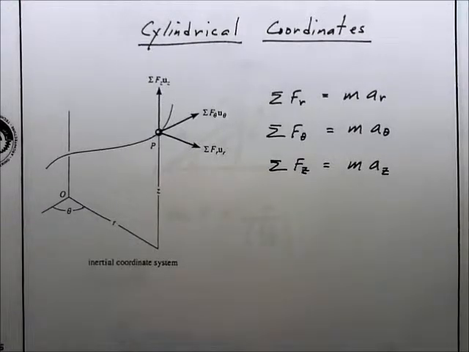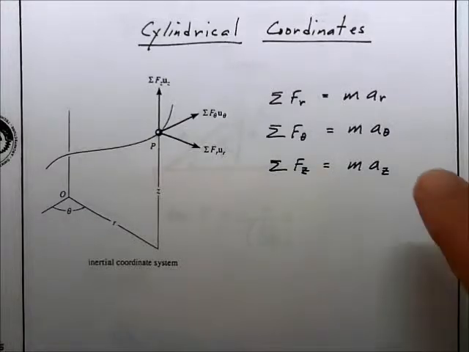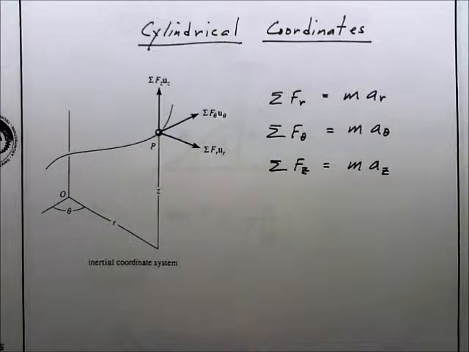And most of these problems where we're applying these equations in cylindrical coordinates will first start with a fairly difficult amount of Chapter 12 work, kinematics, followed by just a little bit of Chapter 13 work and some free body diagram work.